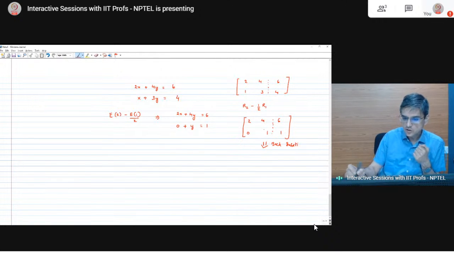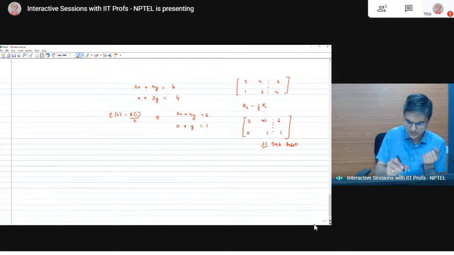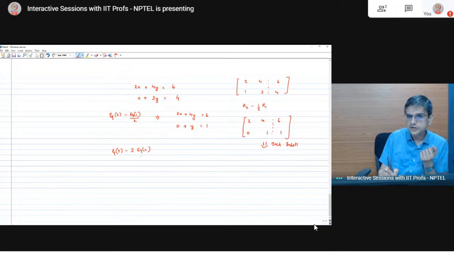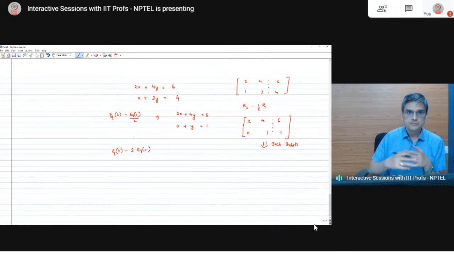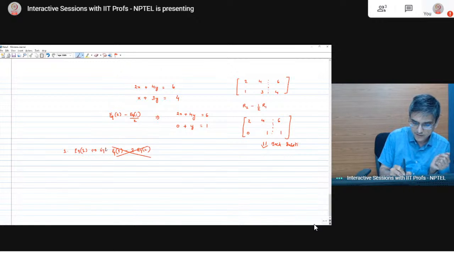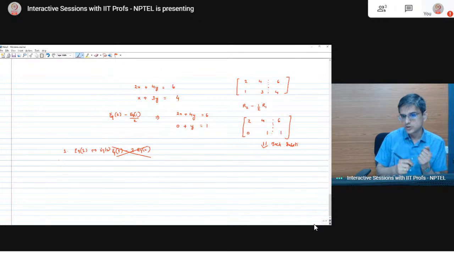What does pivoting do? You don't necessarily always use equation 2 minus equation 1. Sometimes you might actually write equation 1 minus 2 times equation 2. When you are expanding it to a 100 by 100 system on a computer, you can't arbitrarily do everything like this. Instead, you first exchange equation 1 and equation 2, and then you do this step.